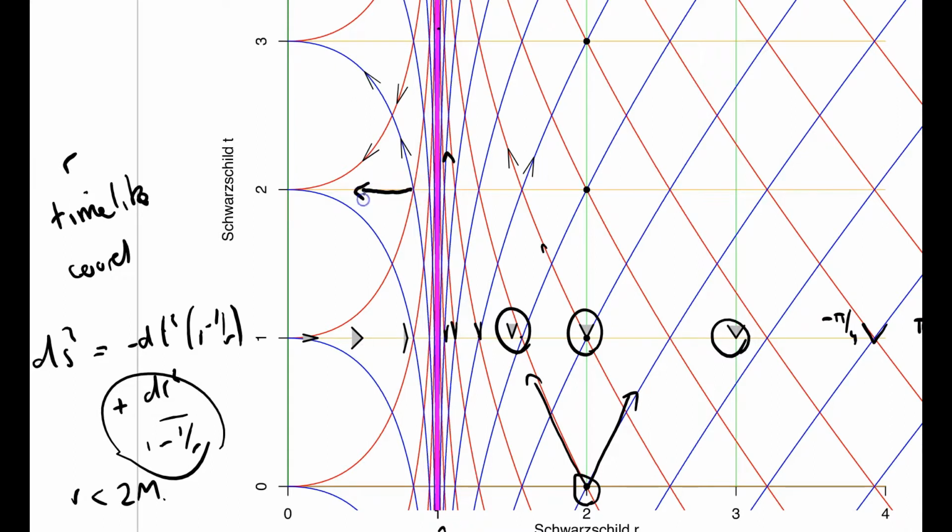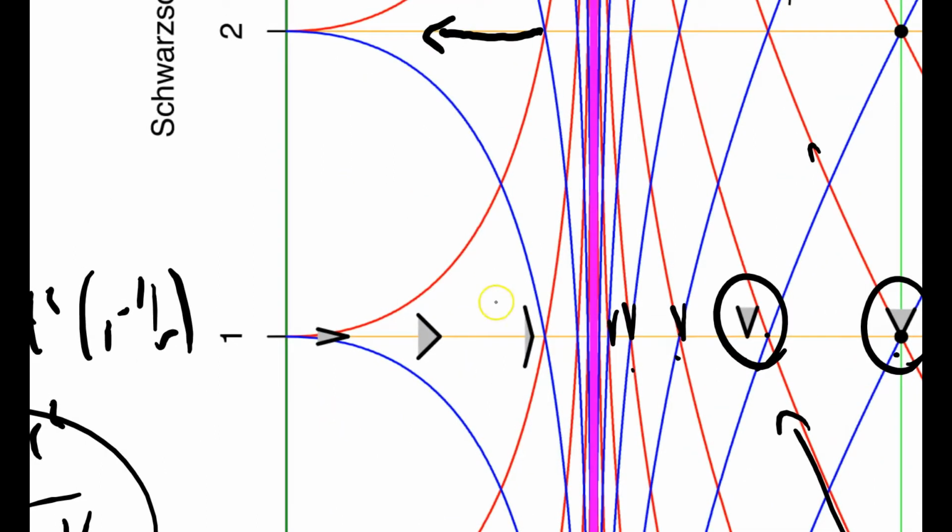So the time-like coordinate goes inwards like this. And you can see that although the light cones behave a little bit peculiarly outside the event horizon, inside the event horizon you've got this very, very peculiar behaviour. I'll just zoom in a little bit on those. We can see that they're actually going on their sides.